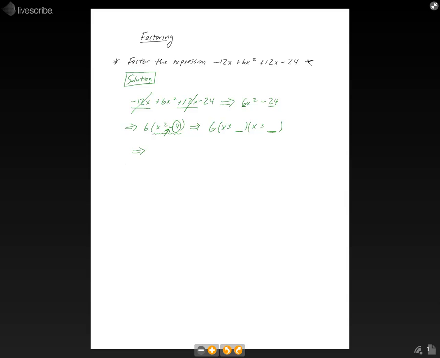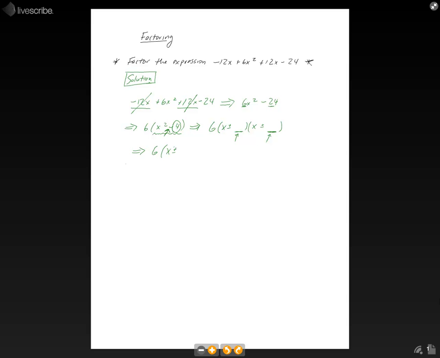A little bit of this is trial and error, but once you do several of them, you'll begin to see the pattern, and it becomes fairly easy. So what I would do is just try putting in some numbers here and here that give you 4 when multiplied together.